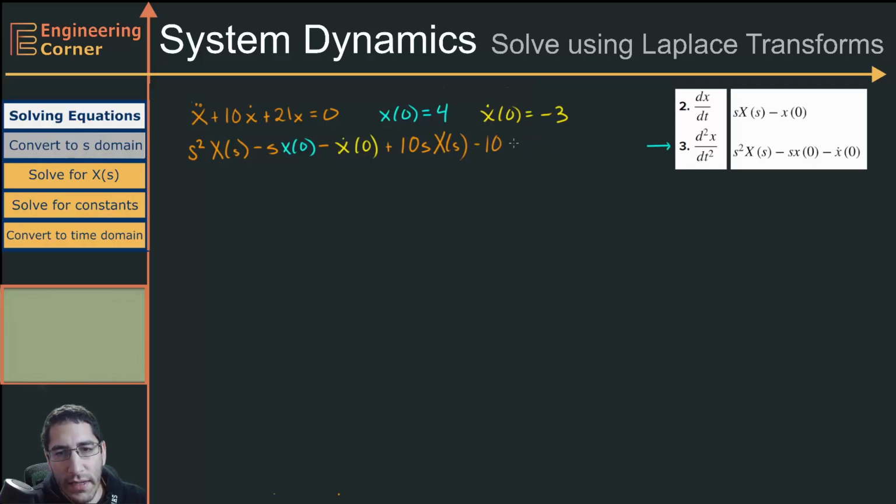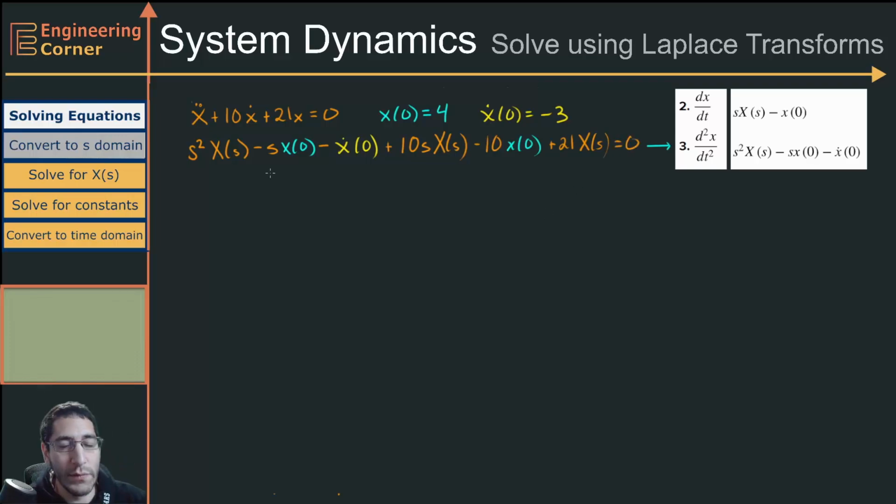So let's write it like this. And again, this is just my initial condition. Okay, and then finally we have plus the 21x. So we're going to have plus 21 times x of s, which is equal to 0.